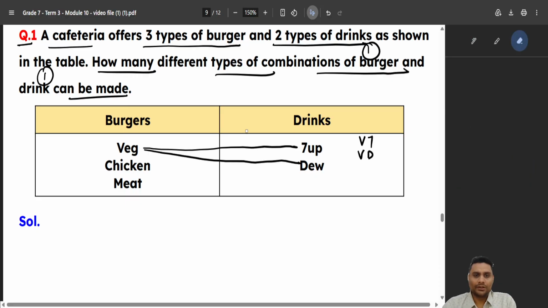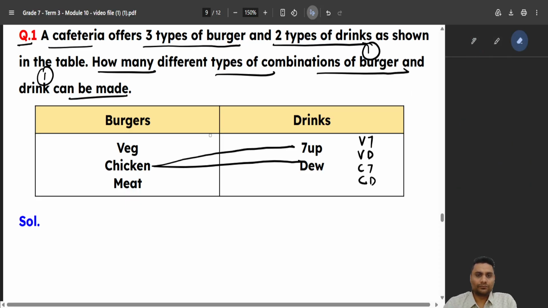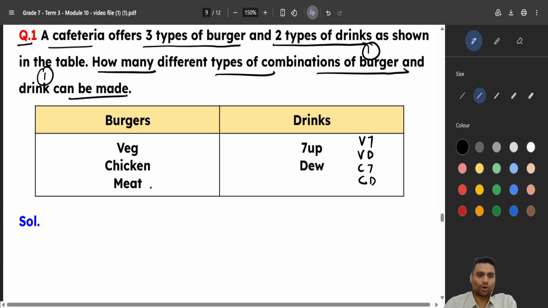Correct? Now, another person can choose chicken burger. With the chicken burger, he can take 7 Up, so this will be chicken burger with 7 Up, and chicken burger with the dew. Or if he wants, he has the option to choose meat also: meat burger with 7 Up and meat burger with dew.